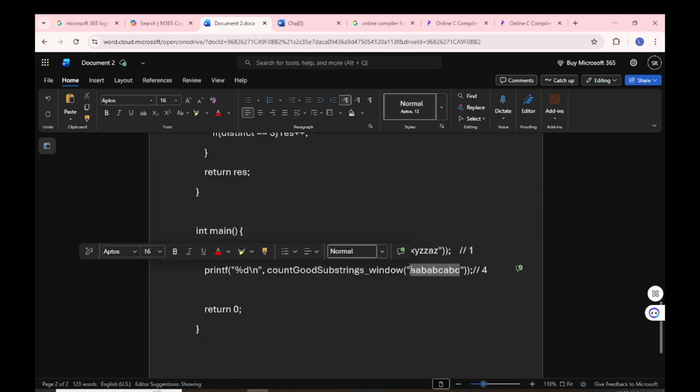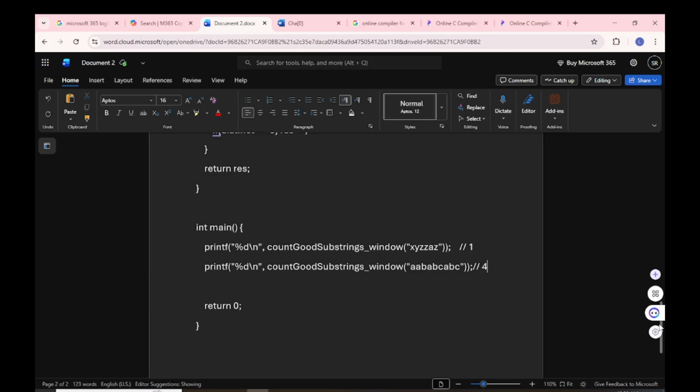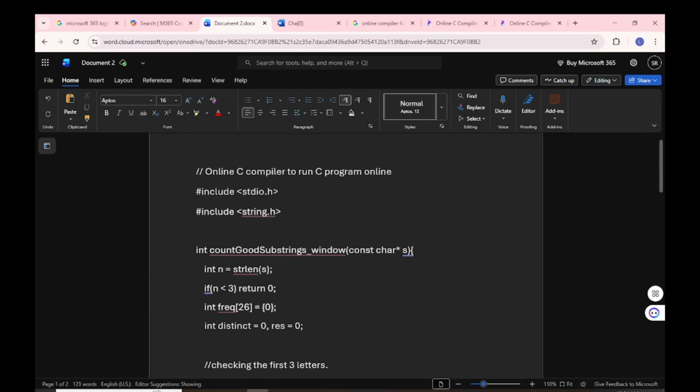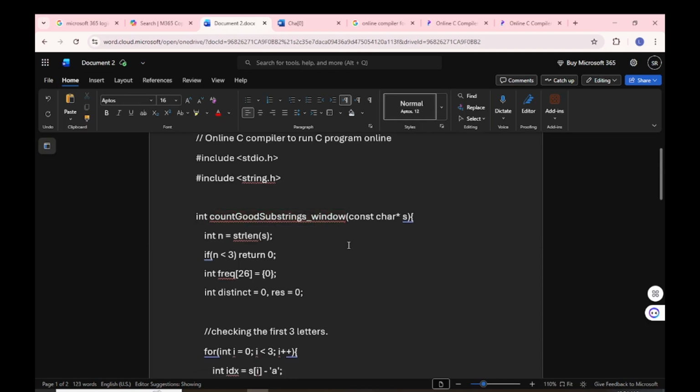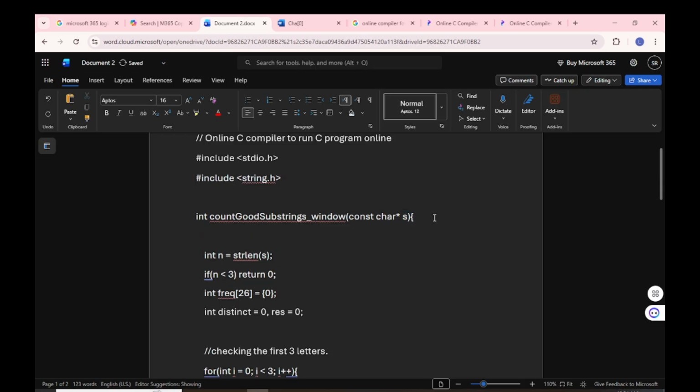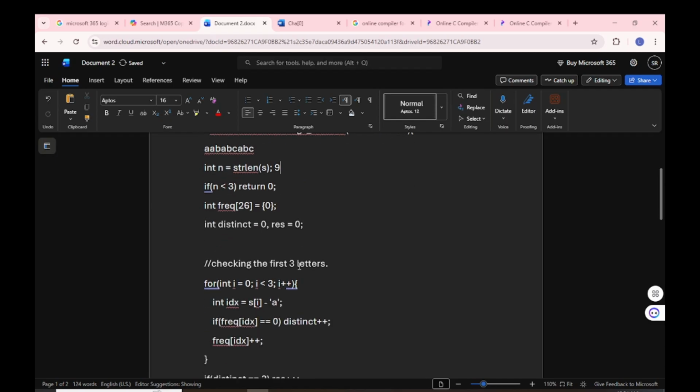Let's take this input. So we know that how many letters, 1 2 3 4 5 6 7 8 9, right? 3 3 6 9. So this length would be 9.